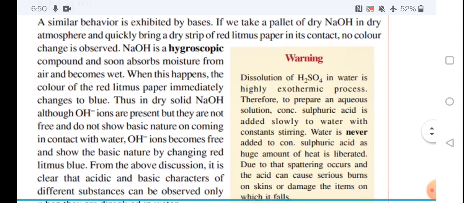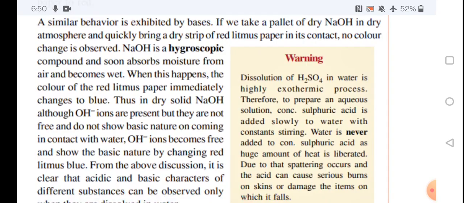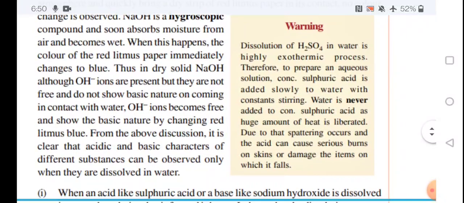Thus, dry solid sodium hydroxide, although it contains hydroxide ions, does not show any basic property, while in contact with water it shows the basic property. From these two cases, we learned that water is compulsory for acids and bases to show their characteristics or properties.